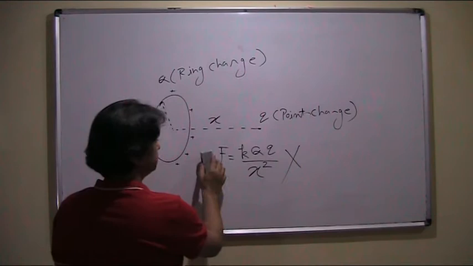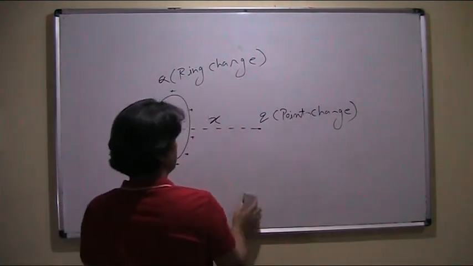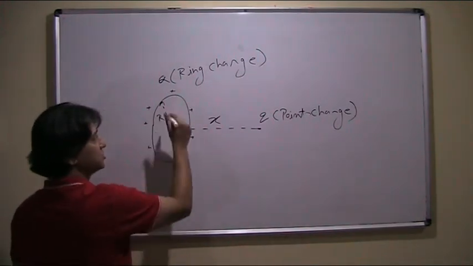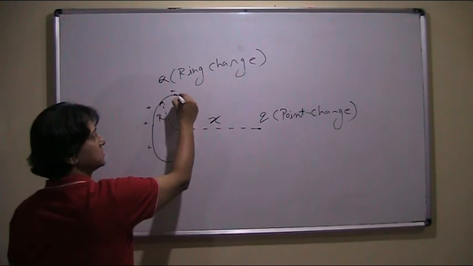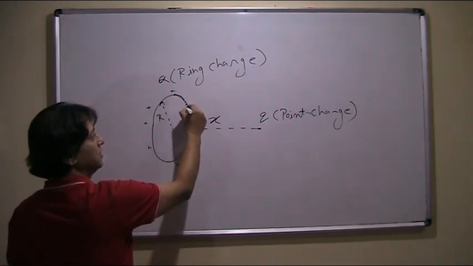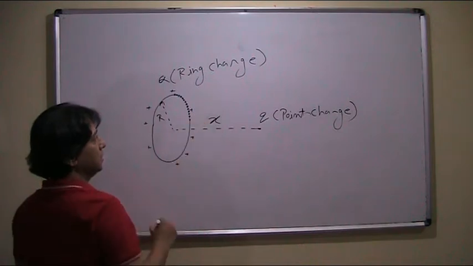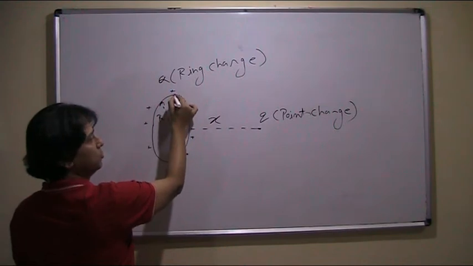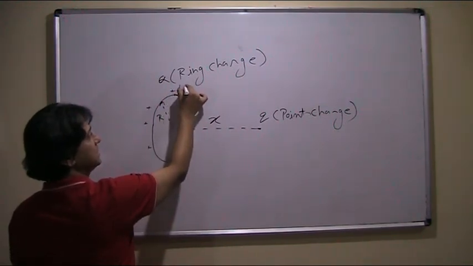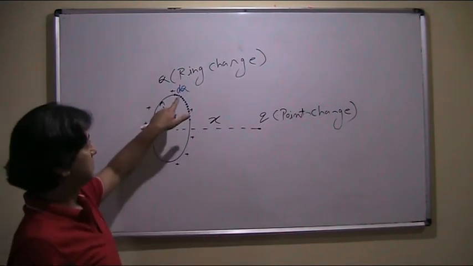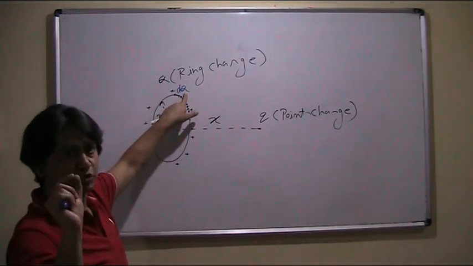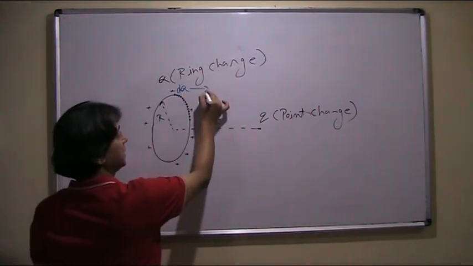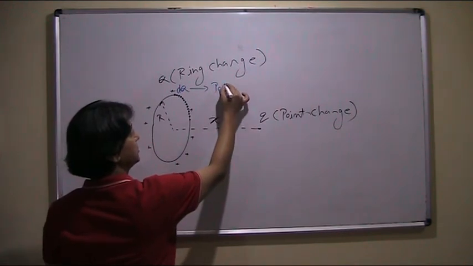First thing we do is we break this ring charge into several point charges. Ring is made up of these several point charges. The topmost one, let's say this is dq. dq means something which is very small charge, and therefore automatically dq becomes a point charge.